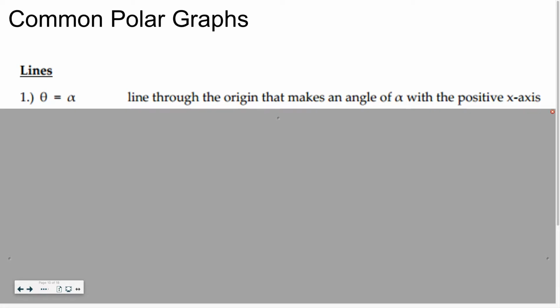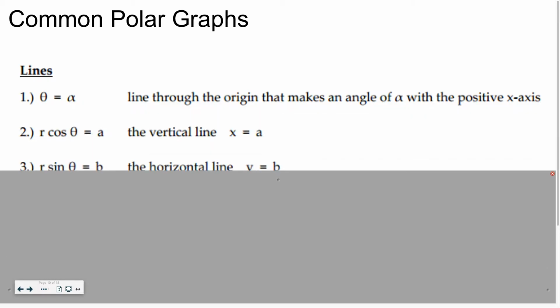Okay, so there are 3 ways to make lines. Anybody tell me one? Theta equals an angle. That is a line. What's another way of making a line? A number over cosecant theta, or what's the other option?